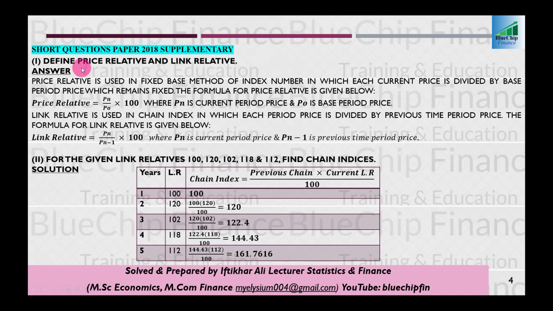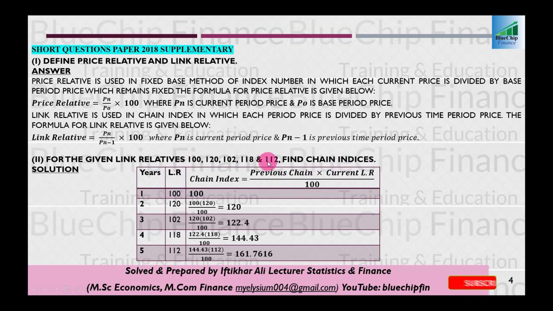So mostly price relative method is used in fixed base method, and link relative method is used in chain based method. After that, second question: for the given link relatives 100, 120, 102, 118 and 112, find chain indices.